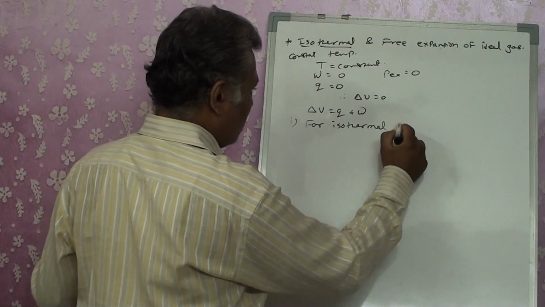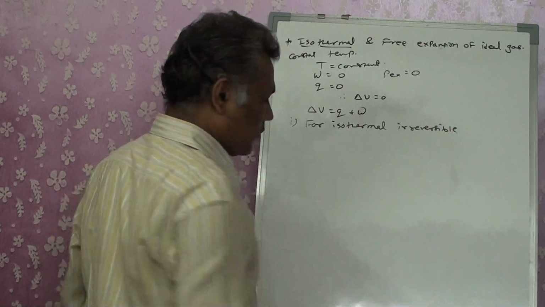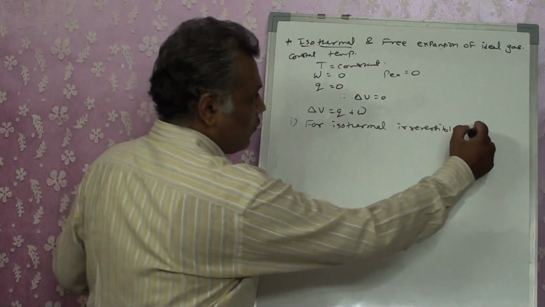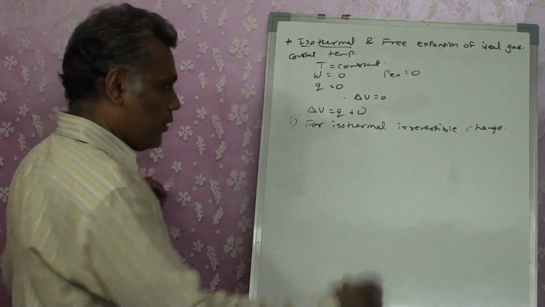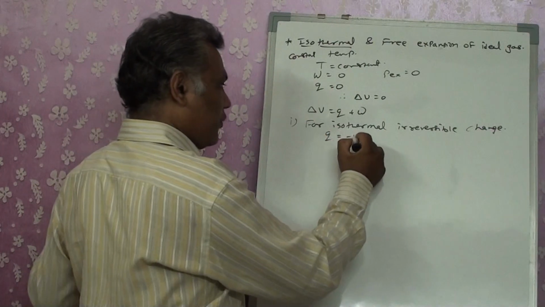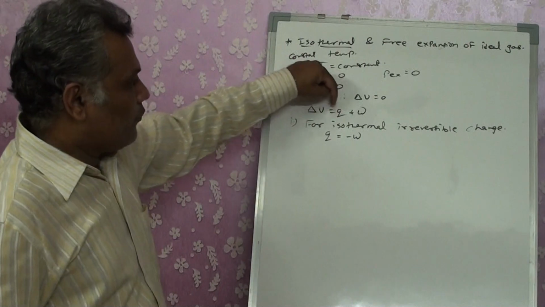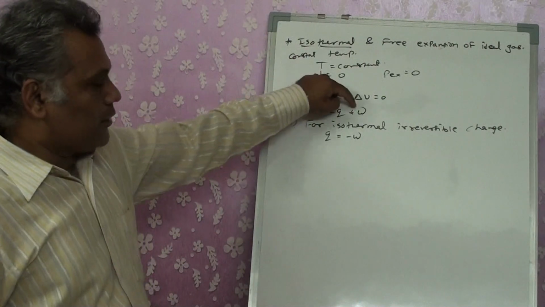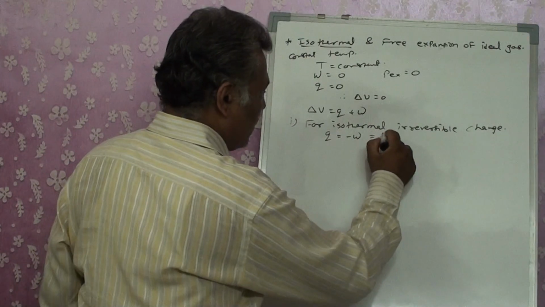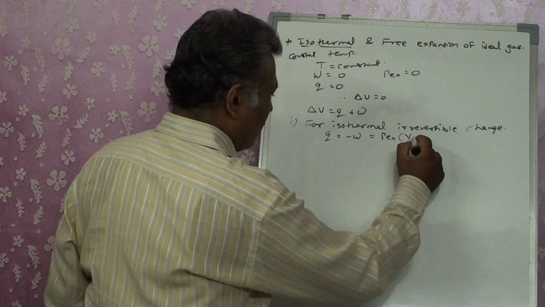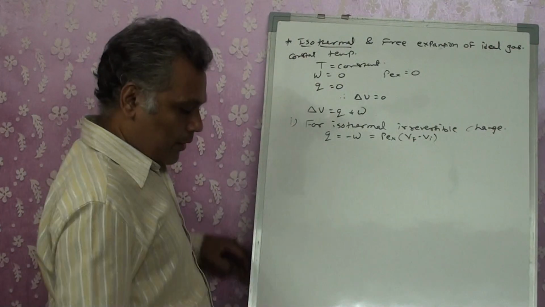For isothermal irreversible, we can indicate it as Q equals minus W, because delta U is equal to 0. So Q equals minus W, which will be P external times V final minus V initial.